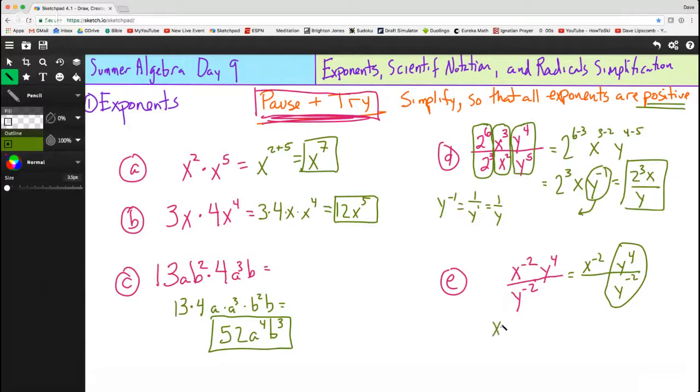We get x to the minus 2, and here we get y to the 4 minus negative 2. So we get x to the negative 2, y to the 6. Well, here our problem is we have a negative, so we have to take this and move it to the bottom to flip the sign. So x to the negative 2, y to the 6 is y to the 6 over x squared.